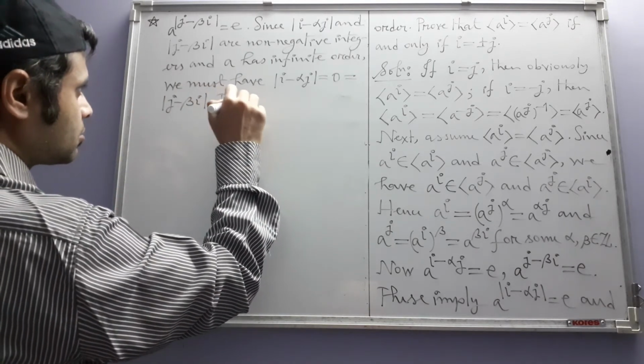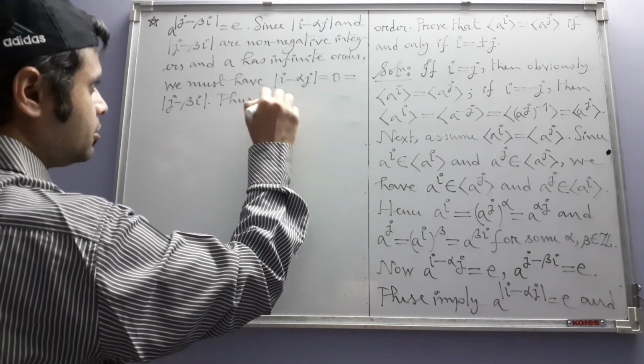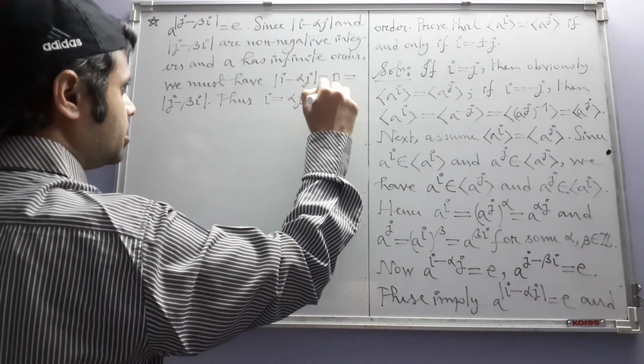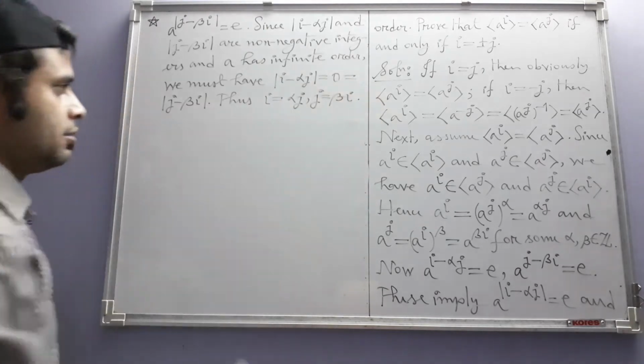Thus, i should be equal to alpha j and j should be equal to beta i.